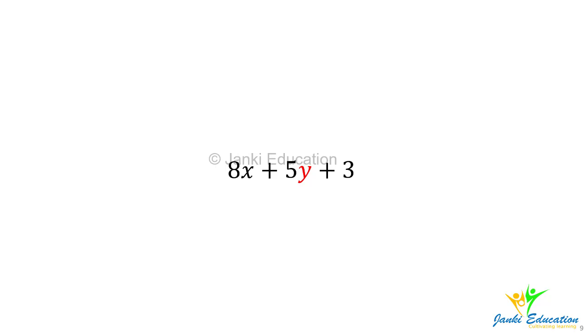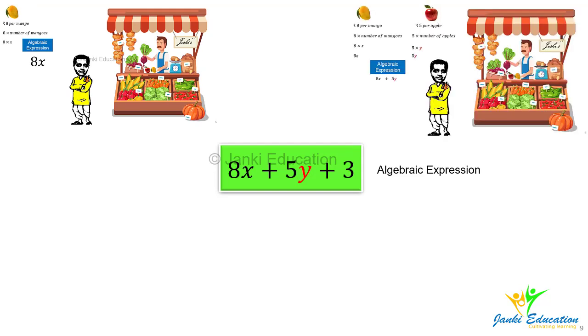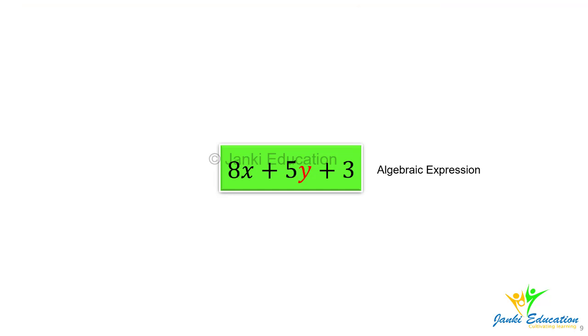This, whatever you can see on your screen, is known as an algebraic expression. Earlier you saw 8x, that was also called an algebraic expression. 8x plus 5y was also an algebraic expression, and this is also an algebraic expression because it involves some variables.